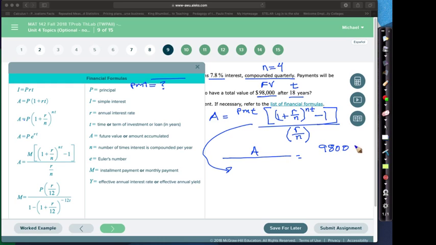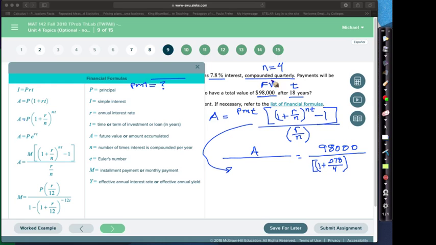98,000 divided by 1 plus 0.078 divided by 4, right, R over N. So there's another little parentheses there.